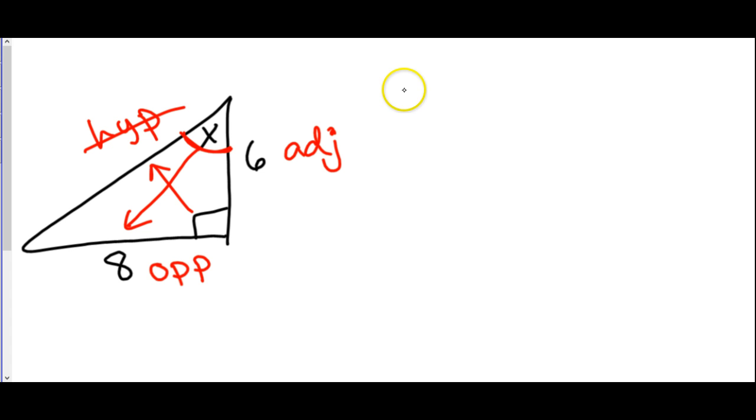So now we're going to be using tangent. Now they didn't give us the angle, so we just write tangent x. That's what we're going to be looking for, equals opposite over adjacent, 8/6. So now, to get x alone, tangent x, I've told you multiple times, it's one thing.